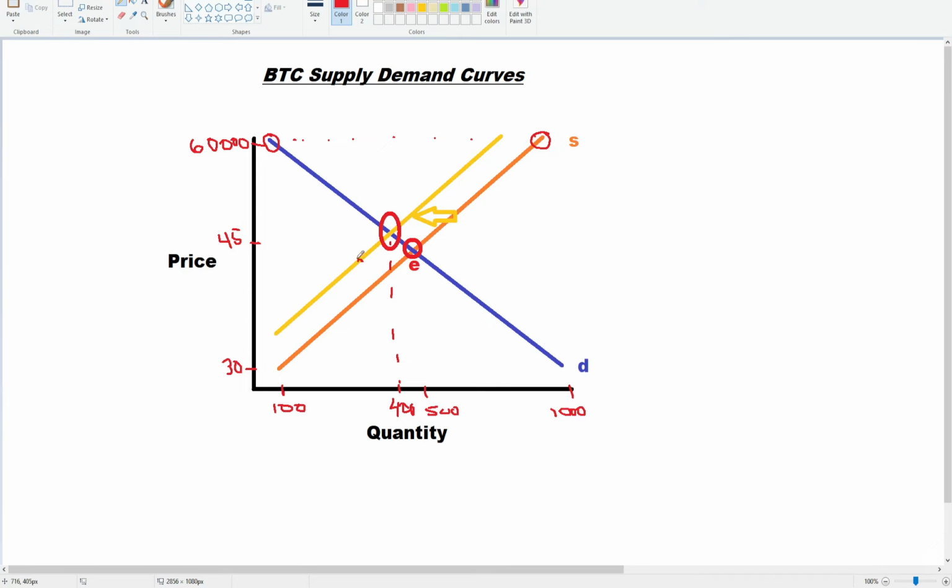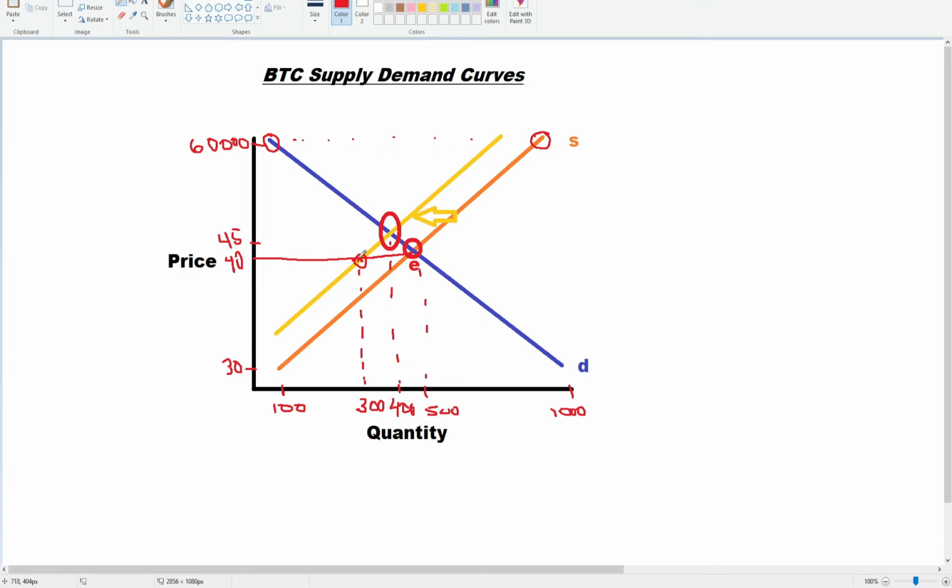So now at that same price, if we bring this price over, let's say that this was 40K, whereas they were willing to supply 500 before, now they're only willing to supply 300. Because of this difference, you can see we're no longer in equilibrium.